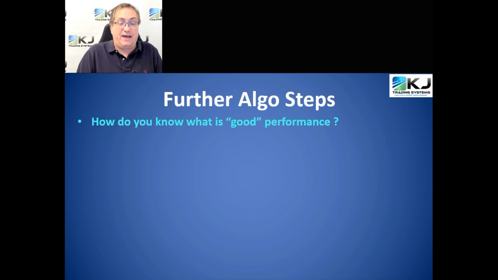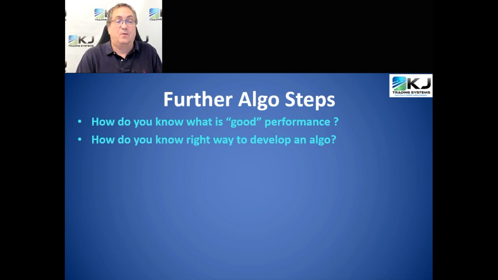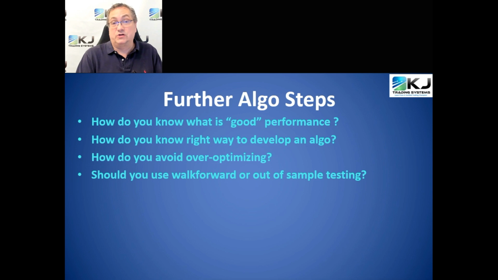Like, okay, Kevin said that was a decent backtest and a decent out of sample performance, but what is really good performance? What's the right way to develop an algo? How do you avoid over optimizing? Should you use walk forward? I do, but does everybody?